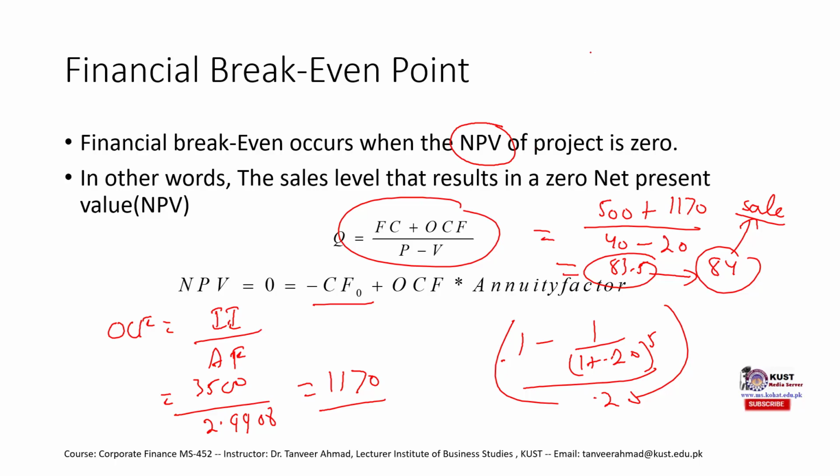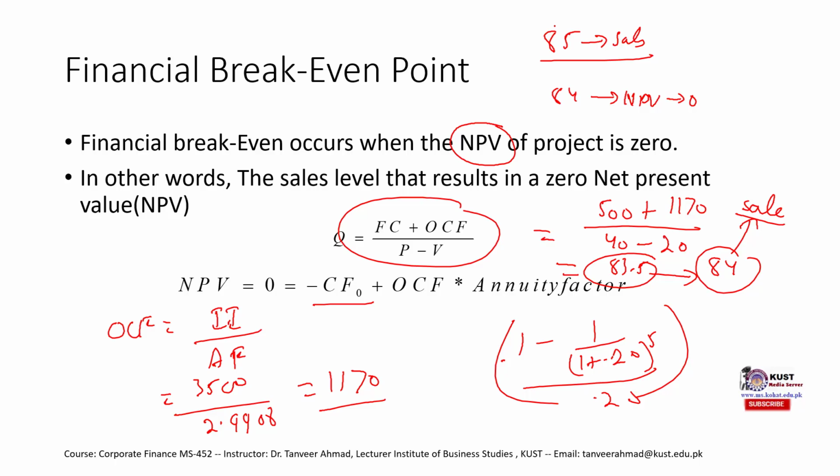Remember, the company projected that it would be able to sell 85 units per year. This was the projection in the question, yearly. And we are saying that at 84, the NPV would become 0. Do you think the forecasting error is higher in this case or not? It is higher. Why is that so?